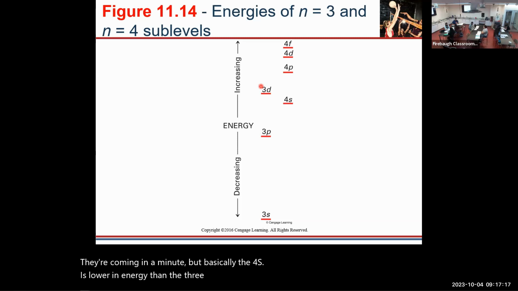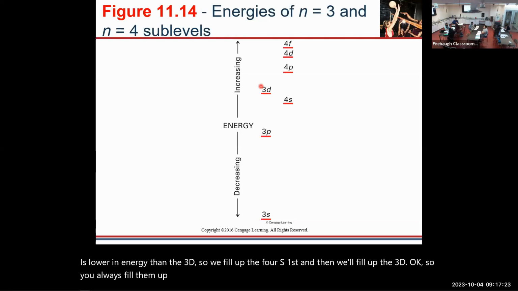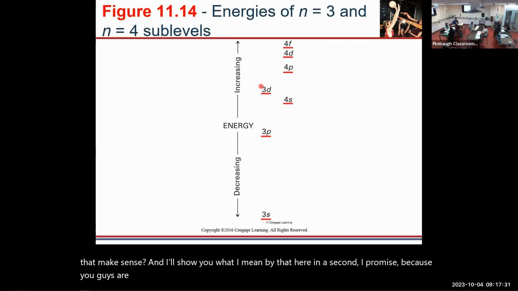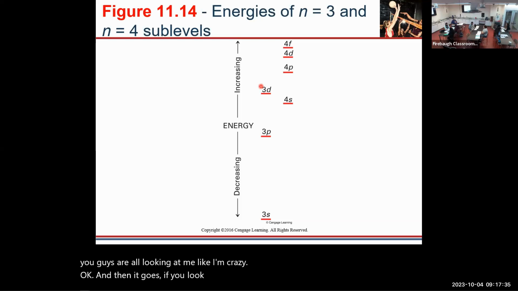So we fill up the 4s first, and then we'll fill up the 3d. So you always fill them up by the lowest energy level, and then you move up from there. Does that make sense? And I'll show you what I mean by that here in a second, I promise. Because you guys are all looking at me like I'm crazy. And then it goes 4s, 4p, 4d, 4f. And then if we hit the 5, I'll show you that.